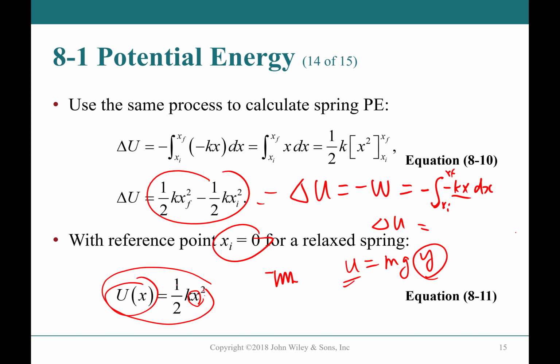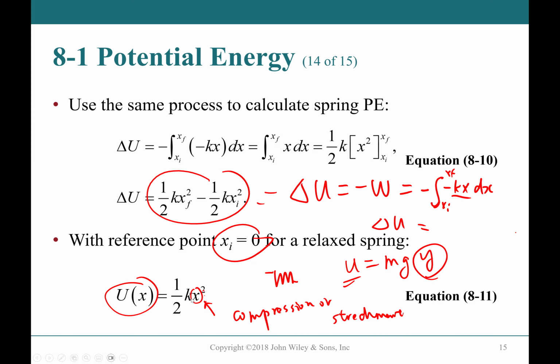And also this is the same. This x represents compression or stretchment, okay? So the bigger the x, the bigger the compression or stretchment, the bigger the potential, so the higher the potential to do work.